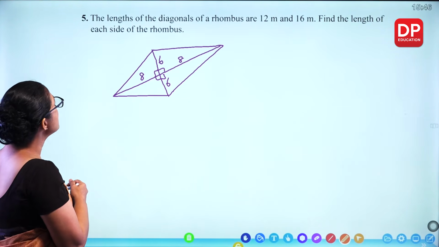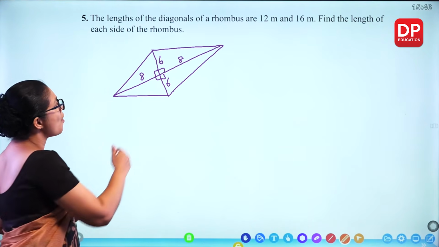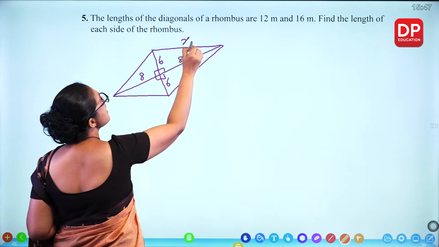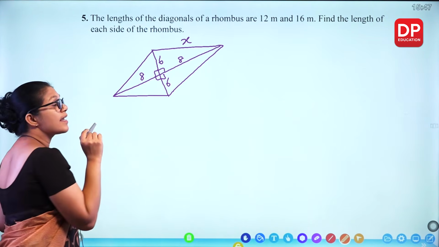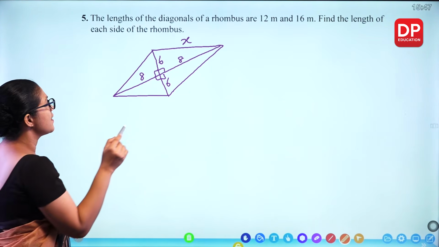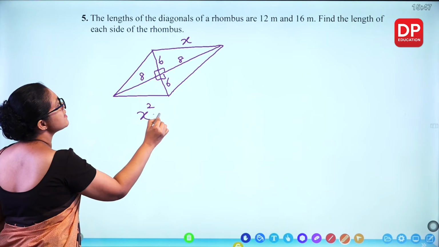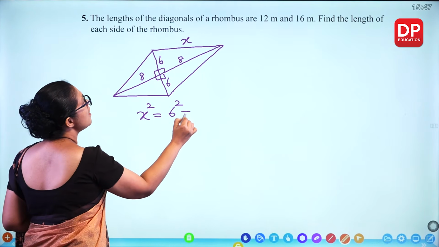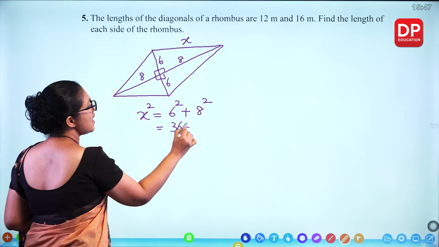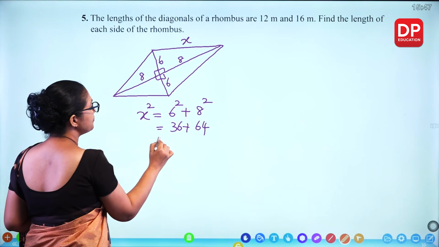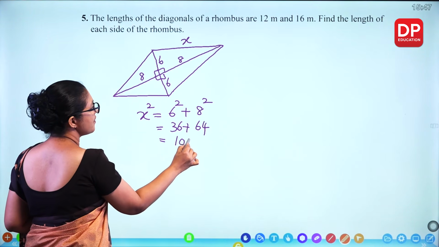Find the length of each side of the rhombus. So I'll take this one as x. This is a right angle triangle. I can use Pythagoras theorem. X squared is equal to 6 squared plus 8 squared. 6 squared is 36, 8 squared is 64. You get 100.